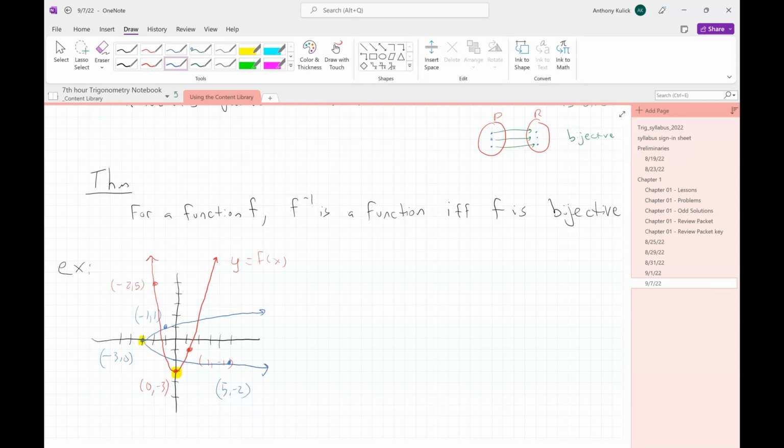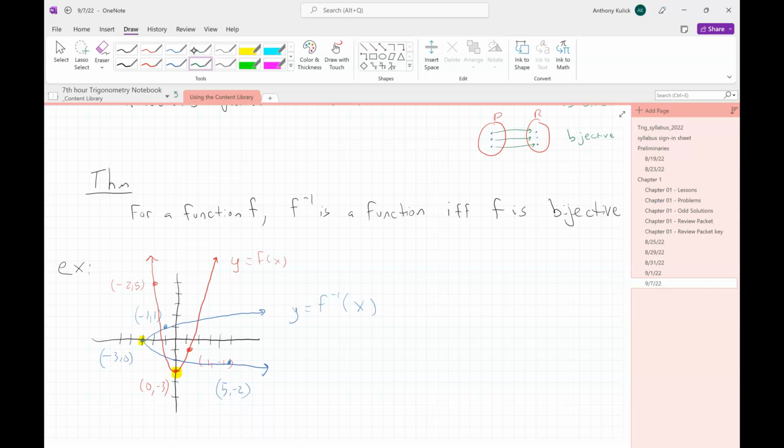So there's my f inverse. Everybody can see that? Is that okay? Again, relatively easy to do, right?